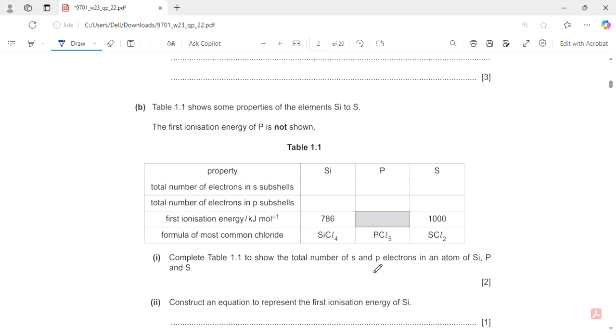Let's find out about silicon. We know that silicon has 14 electrons.